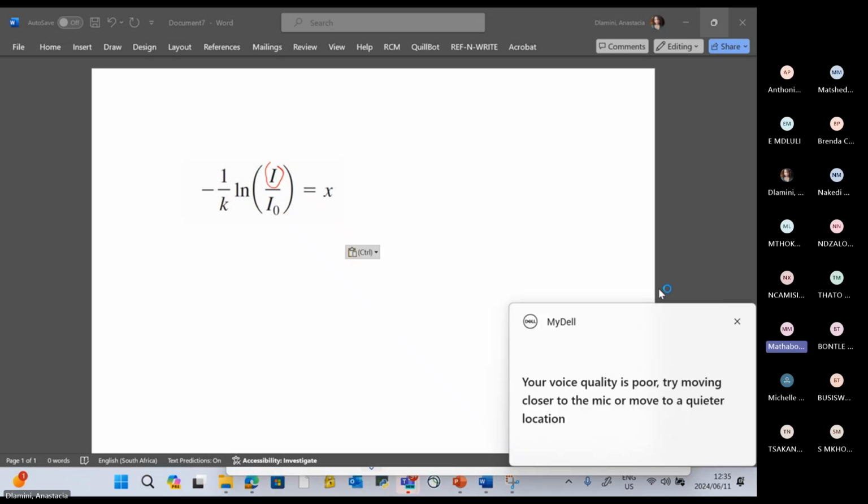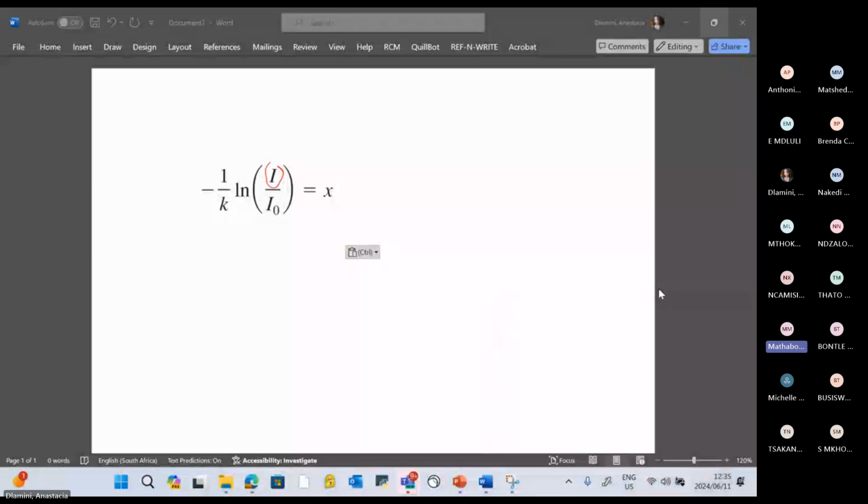We have a law. It says if you have ln of A multiplied by B, it equals ln of A plus ln of B. But this is division, so here is subtraction. For division we use law number 2.